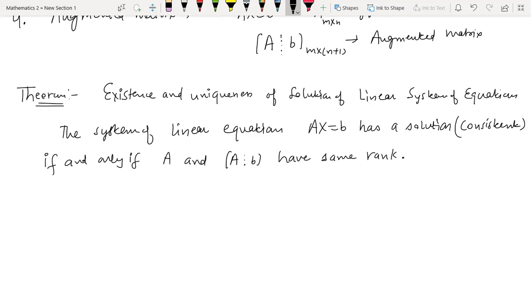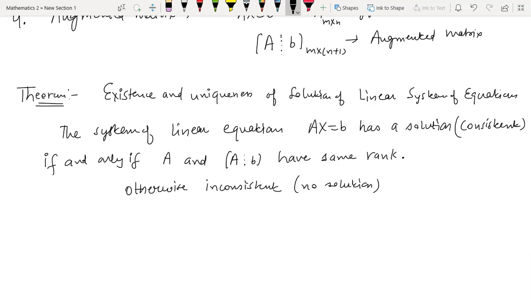So this is where the rank is going to be used. Earlier I told you how to find the rank, so this is going to be used here. You will find the rank of the coefficient matrix, you will find the rank of the augmented matrix. If they turn out to be exactly the same, only then your system is going to be consistent, meaning at least one solution. Otherwise, inconsistent means no solution.